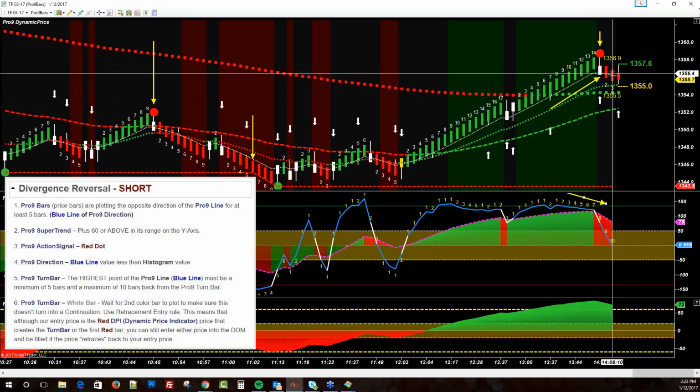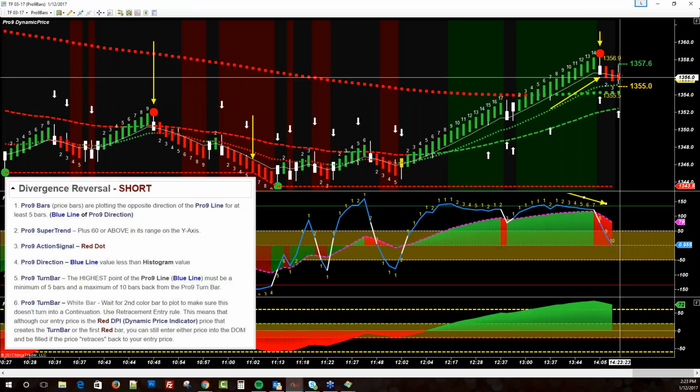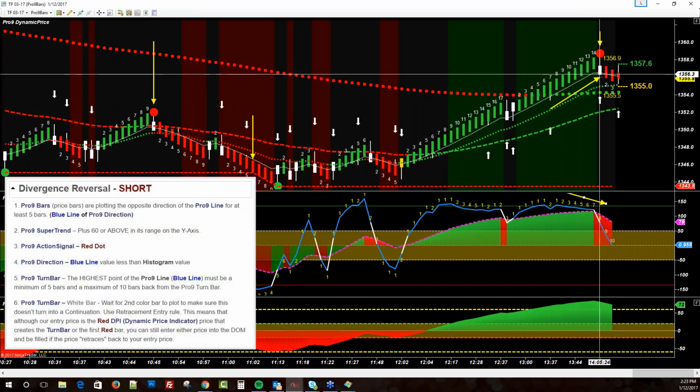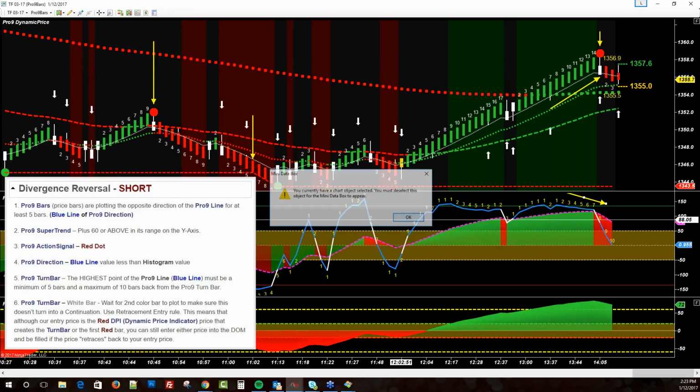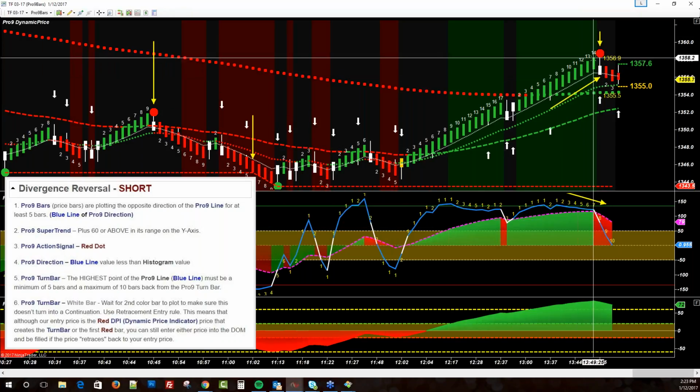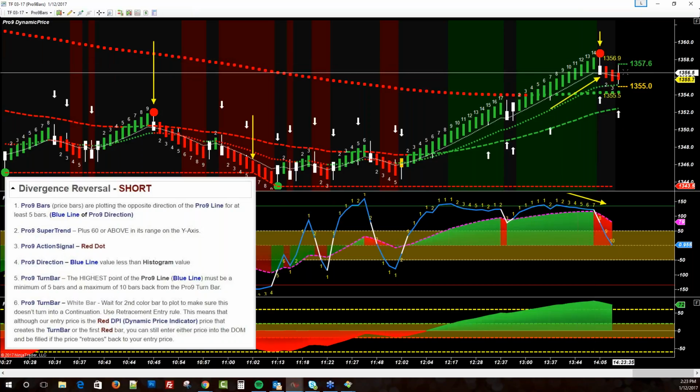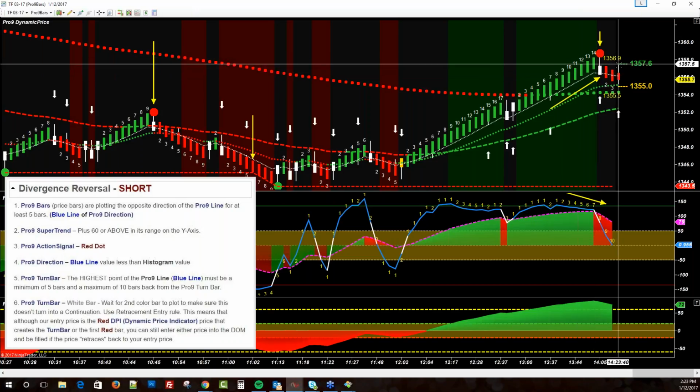Once we have our 2 color bars plot, we're going to attempt a retracement entry to our initial turn bar entry price, which in this case was 1356.2. We can see by these wicks and tails on this bar that it did go far enough to let us get in on a retracement.